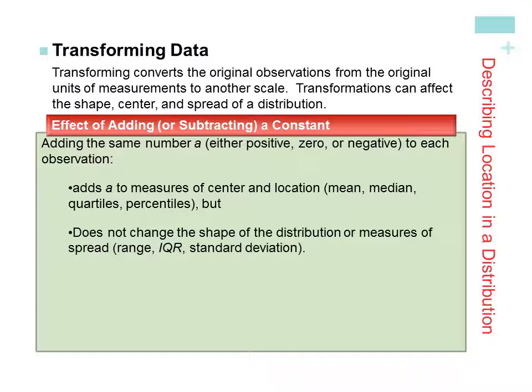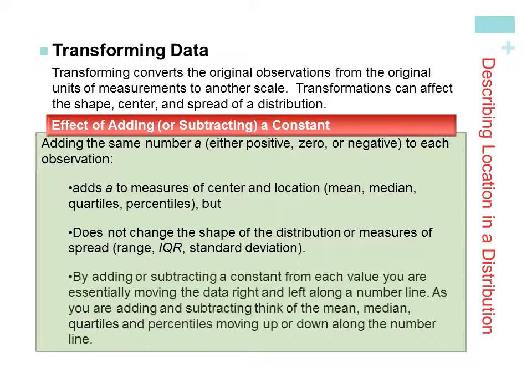However, it does not change the shape of the distribution or the measures of spread: the range, the IQR, or the standard deviation. And we'll go over what that looks like in a minute.